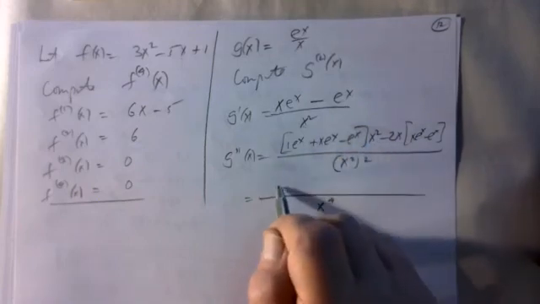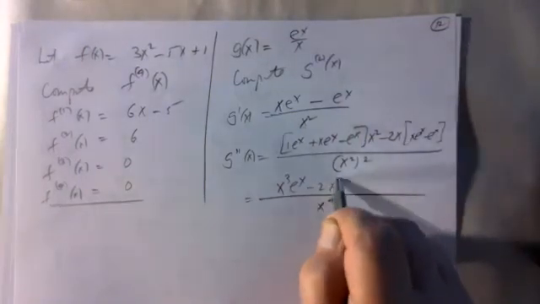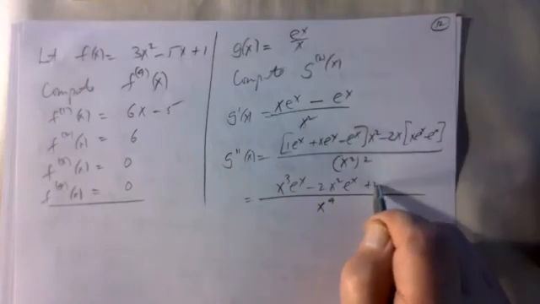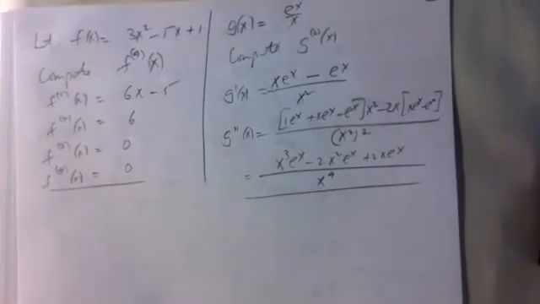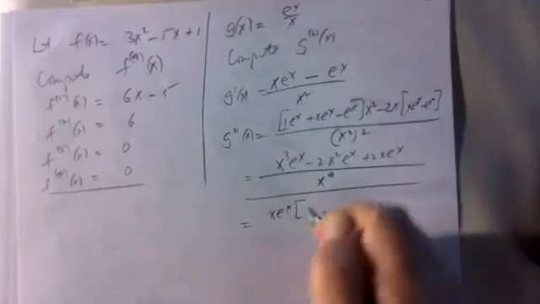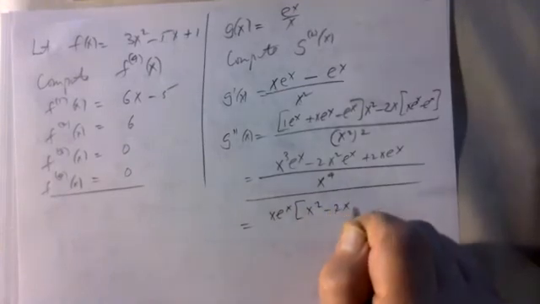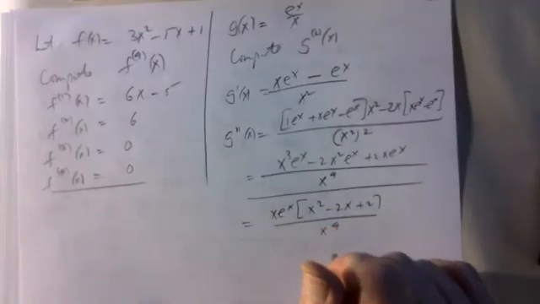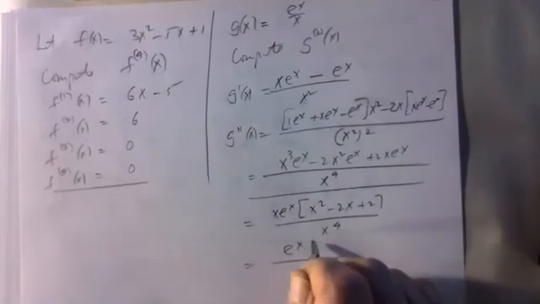So this looks like it's just x cubed e to the x minus 2x squared e to the x plus 2x e to the x. Or if I wanted to factor x e to the x out of the numerator, it would be x e to the x times x squared minus 2x plus 2. And then x over x to the 4th is x cubed.